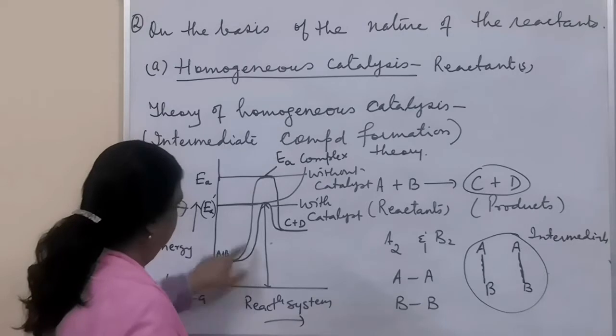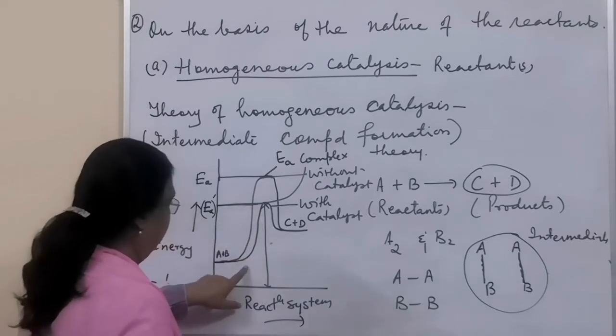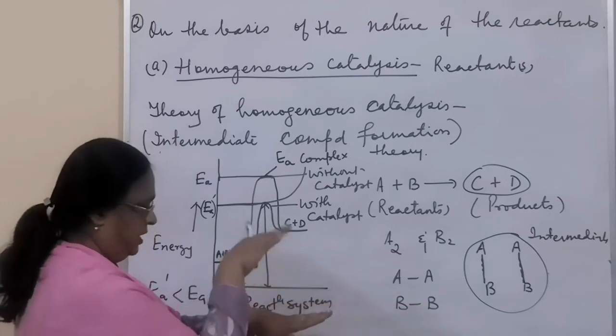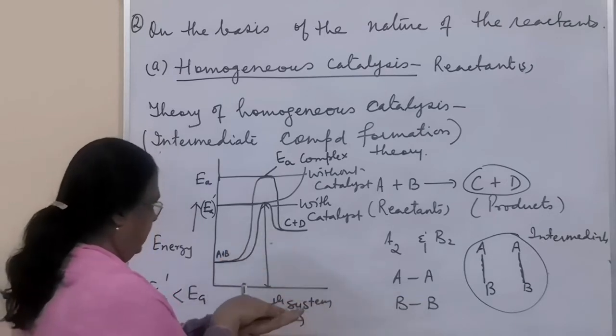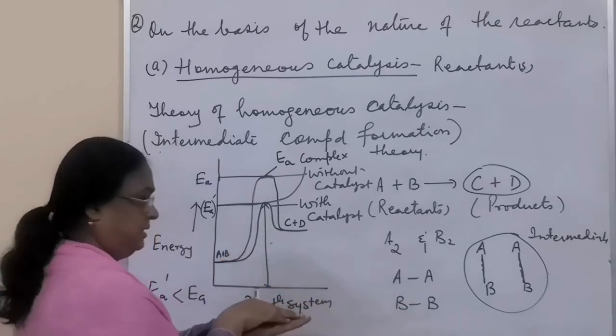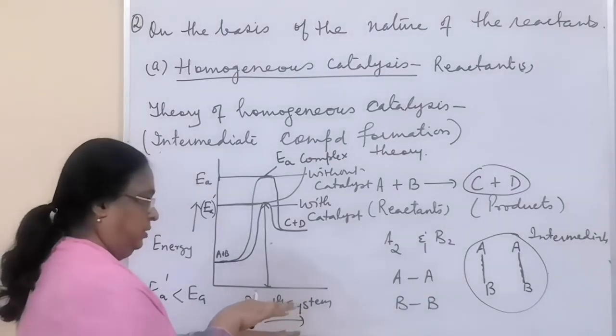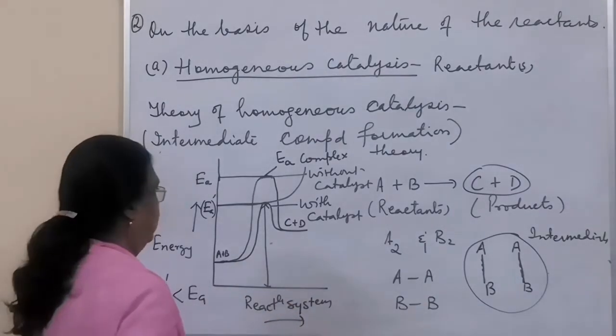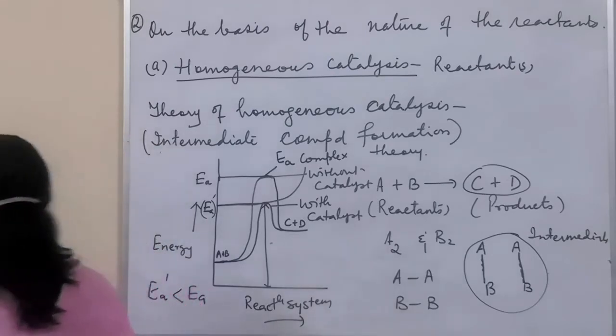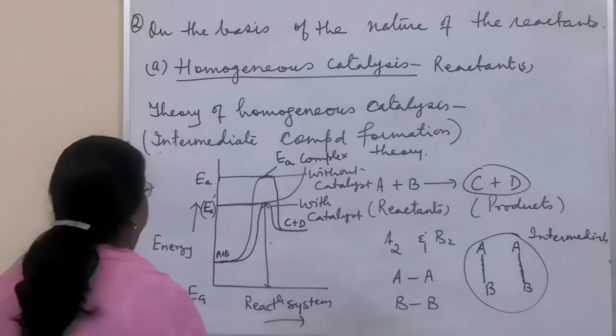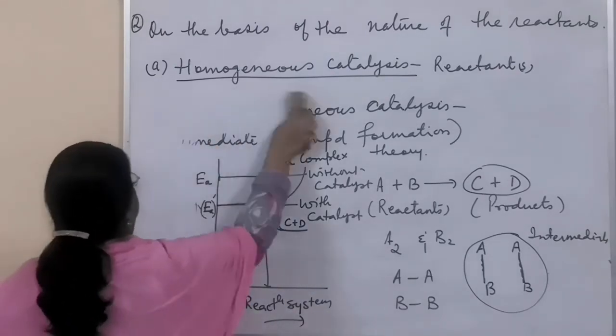The catalyst is only lowering the activation energy and providing a site for the reaction. The reaction takes place, the catalyst comes out, and the reactants are turned into the product. That is your homogeneous catalysis.